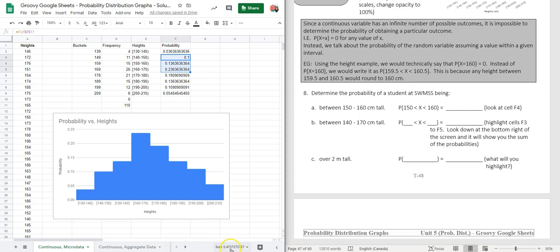And if you look down here, it gives you the sum. So that is approximately 0.427, or 0.473, I guess, approximately. And the probability of being over 2 meters tall would be this right here, and that would be approximately 0.055.